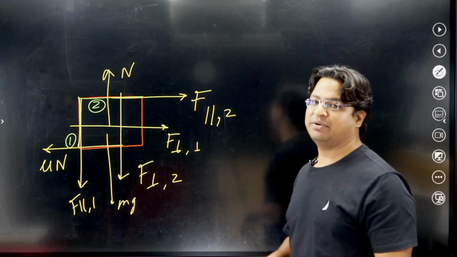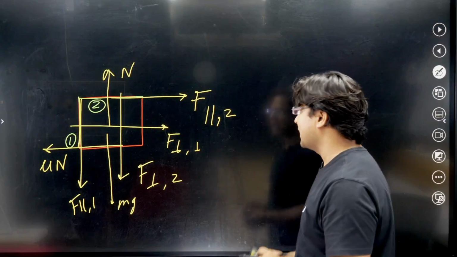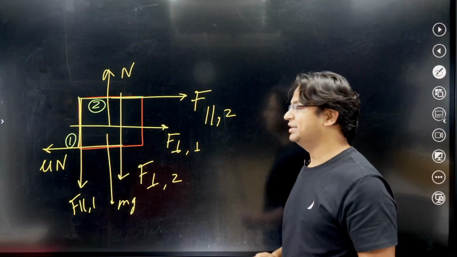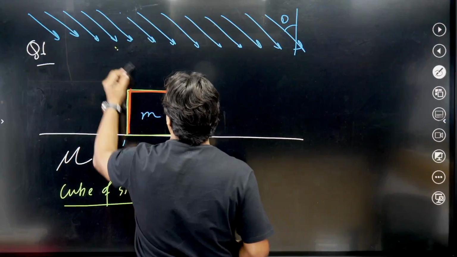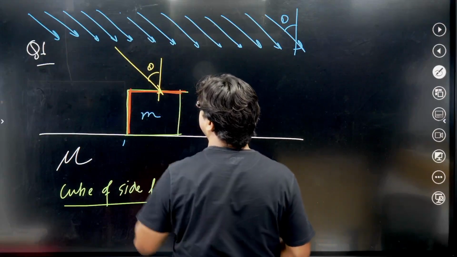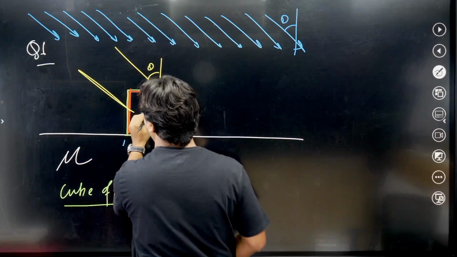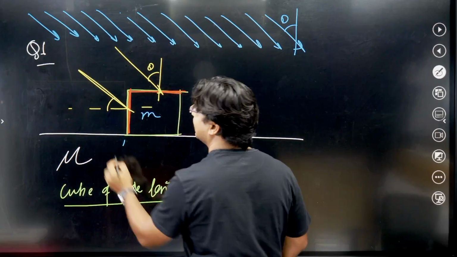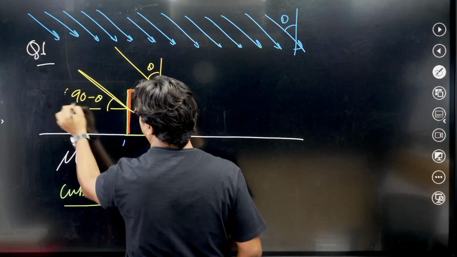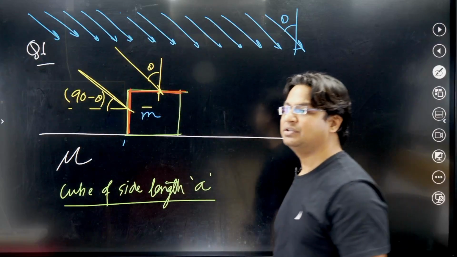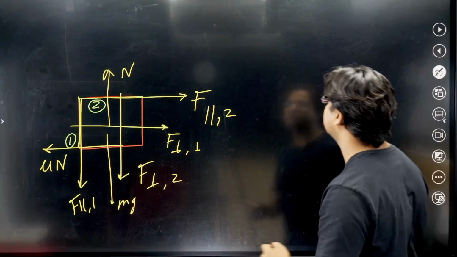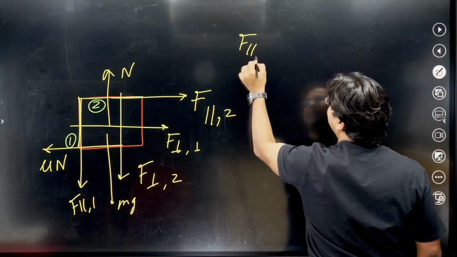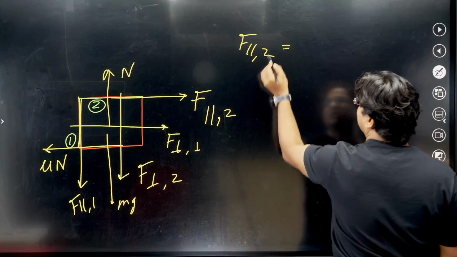Now you have to frame the equation. And there is another very important thing where students commit mistakes in this question. You can take the angle of incidence as theta here, but understand that here the angle of incidence is 90 minus theta. So you have to be careful that the two surfaces will have different angles of incidence, which means that when you are trying to write F parallel for the second surface, it's all good.